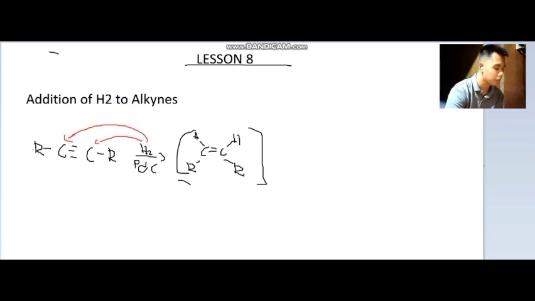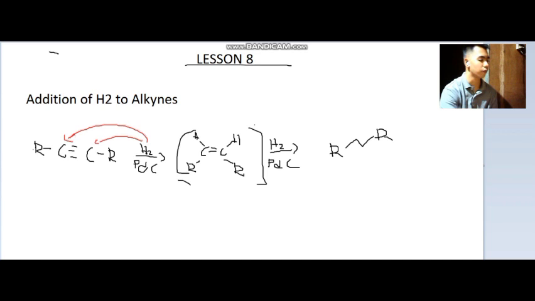And if we add another pair of hydrogens, also using a PDC, then the result will be like this. So that is an example of adding to an alkyne.